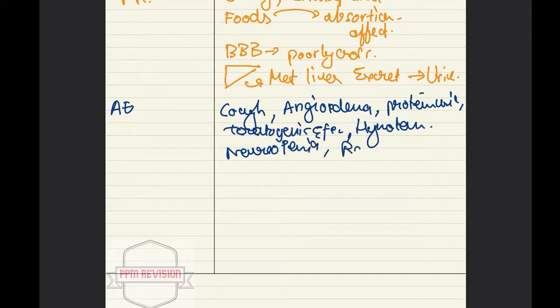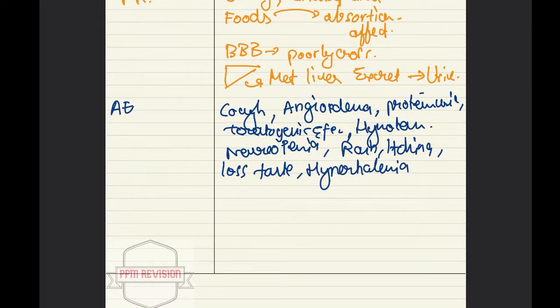There's rash, itching, loss of taste, hyperkalemia. Okay, so this is very important to know. So the mnemonic here is captopril, and these letters you can easily identify them.